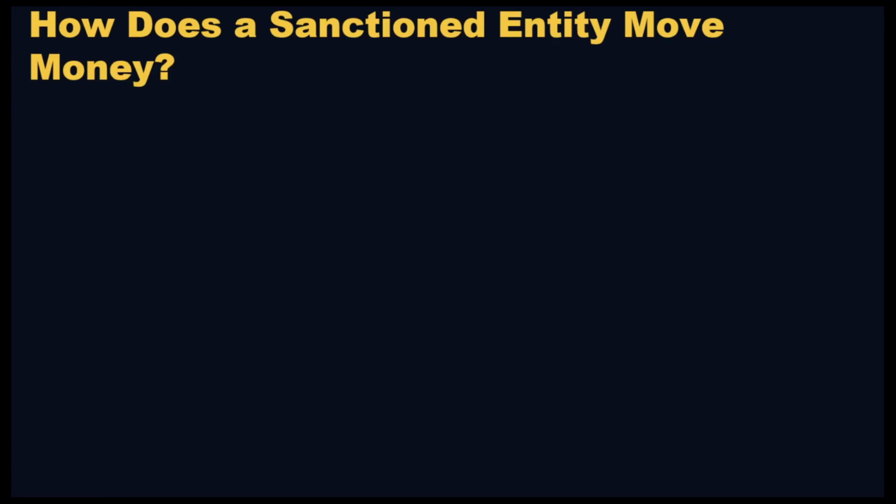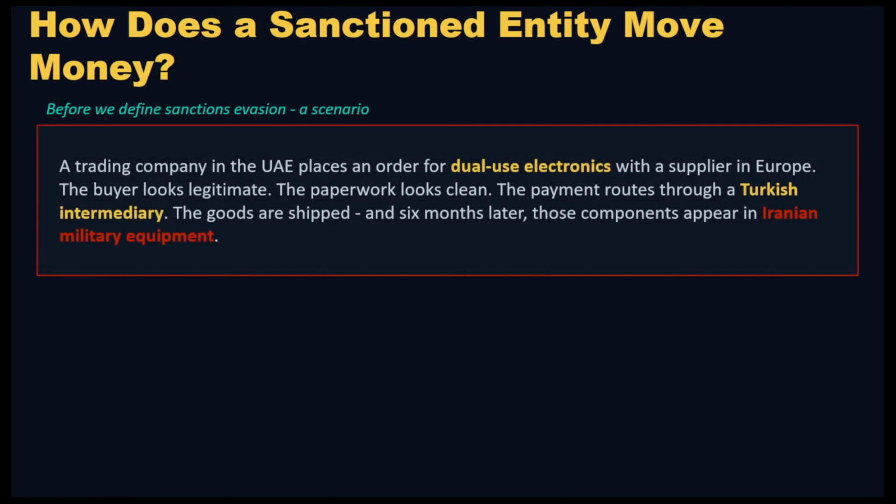So let's see how sanctioned entities move money. Let me start with this scenario before I define anything else. Let's say there is a trading company in the UAE placing an order for dual-use electronics with a supplier in Europe.